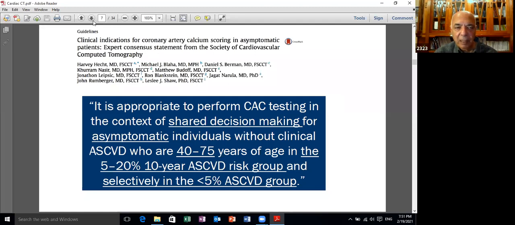Based on that, the American Society of Cardiac CT scanning proposed the following indication of calcium scoring.